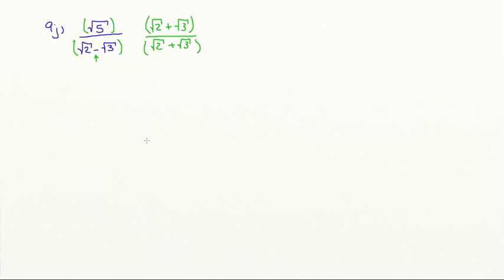Again, I'm going to start off with the denominator. So root 2 times root 2 is root 4. Square root of 2 times root 3, square root of 6. Negative root 3 times root 2 is negative root 6. Negative root 3 times root 3 is root 9.